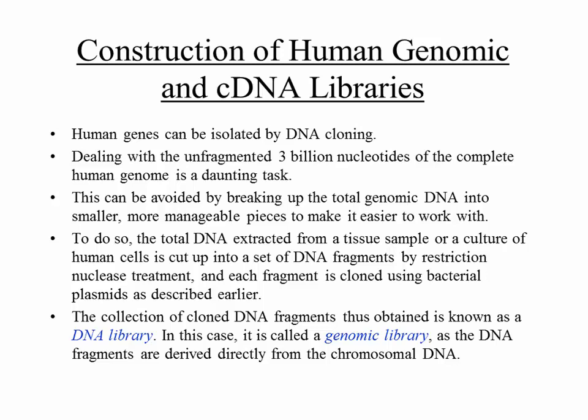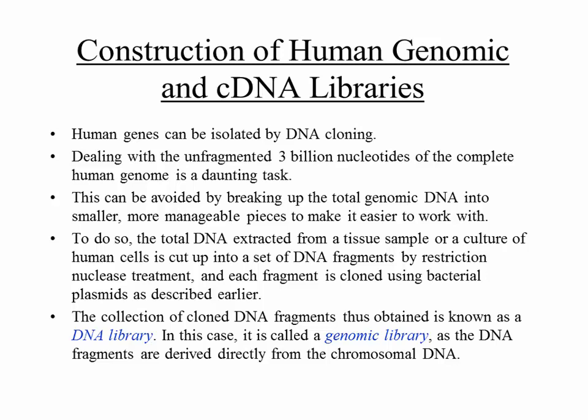Now human genes can be isolated by DNA cloning. For example, dealing with the unfragmented 3 billion nucleotides of the complete human genome is a formidable task. It's a lot of information, so you don't have to deal with that. You can avoid this situation by breaking up the total genomic DNA into smaller, more manageable pieces to make it easier to work with.